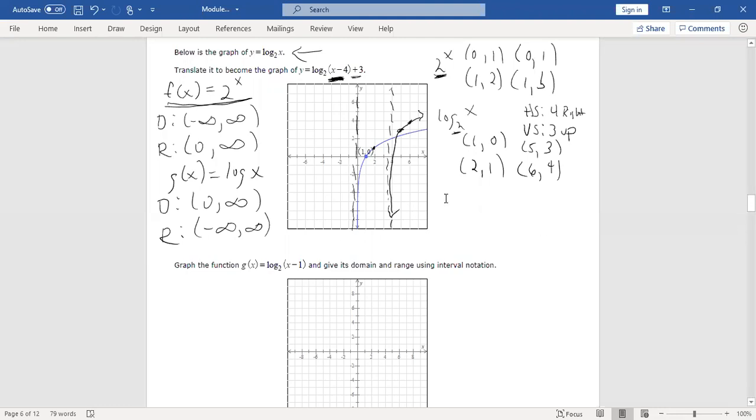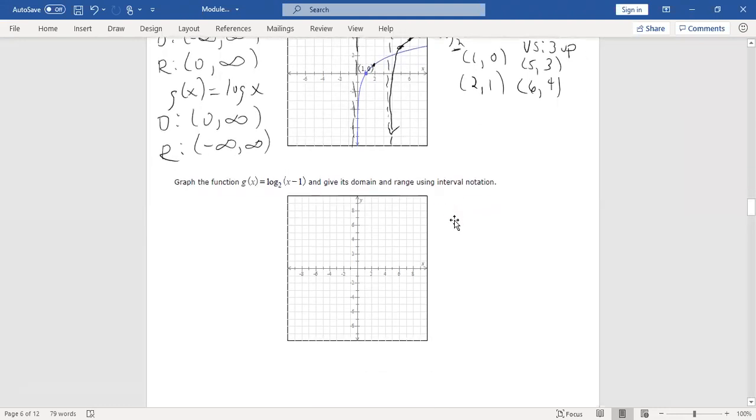Okay, so let's look at the next one. Here it says graph the function g of x equals log base 2 of x minus 1. So let's look at the parent function again. So remember, we have a vertical asymptote. That means our graph doesn't touch or go to the left of x equals 0.